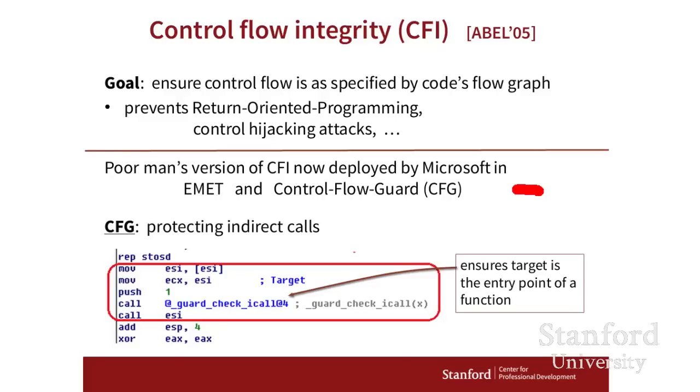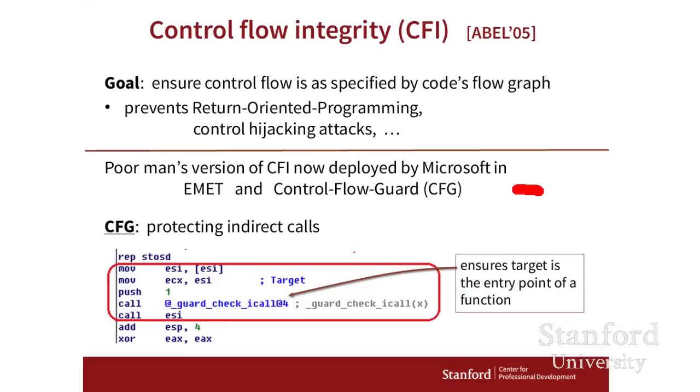Maybe you have hundreds of functions in your program. Essentially, the compiler literally lists all these possible function entry points in a table, represented as a bit vector. So there's a big bit vector at the beginning of your code that's 0 if that particular address is not an entry point for a function, and 1 if that address is an entry point for a function.